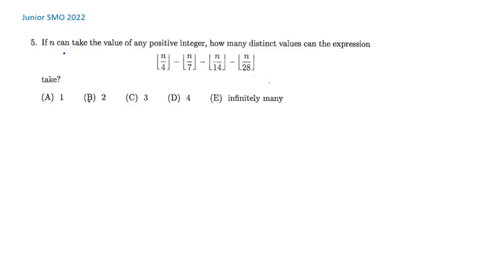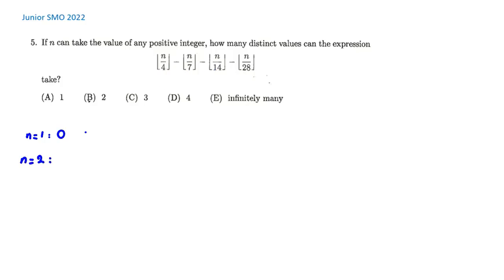Okay, for this problem, we consider what it says. If n can take the value of any positive integer, how many distinct values can the expression take? Because n is a positive integer, we consider n=1 first. For n=1, it will be 0, 0, 0, 0, 0, so we can have 0.